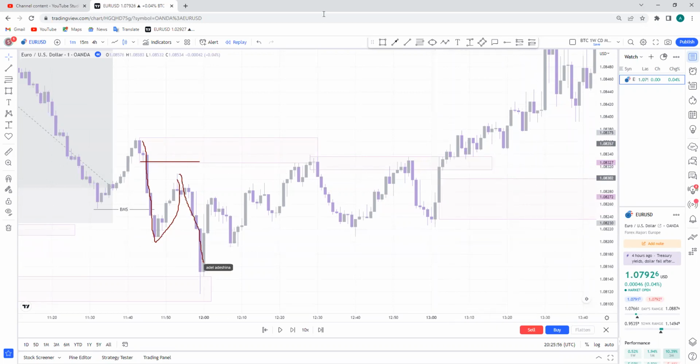It now creates another supply zone around this place. So if you want to make use of anything, we have another supply zone here, but this place has not been mitigated. So if price is coming back, which one is advisable to use? Is it this one, or should we wait for this one?